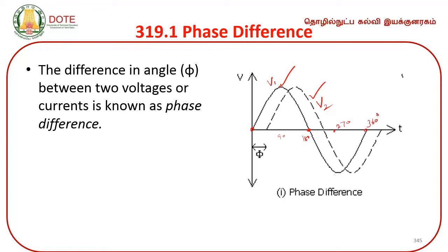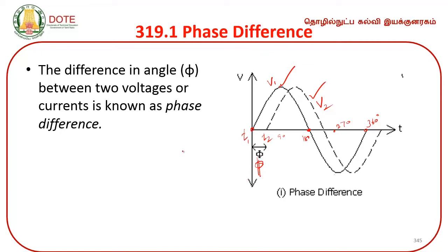The same thing happens in V2 also, starts from 0, attains positive peak, then 0, negative peak and again 0, but exactly at a different instant of time. Suppose V1 starts at t1, the second one starts at t2, at a phase angle difference of phi. In terms of magnitude, both are same, the peak values are same, everything is same, but the phase difference between V1 and V2 is termed as phi.